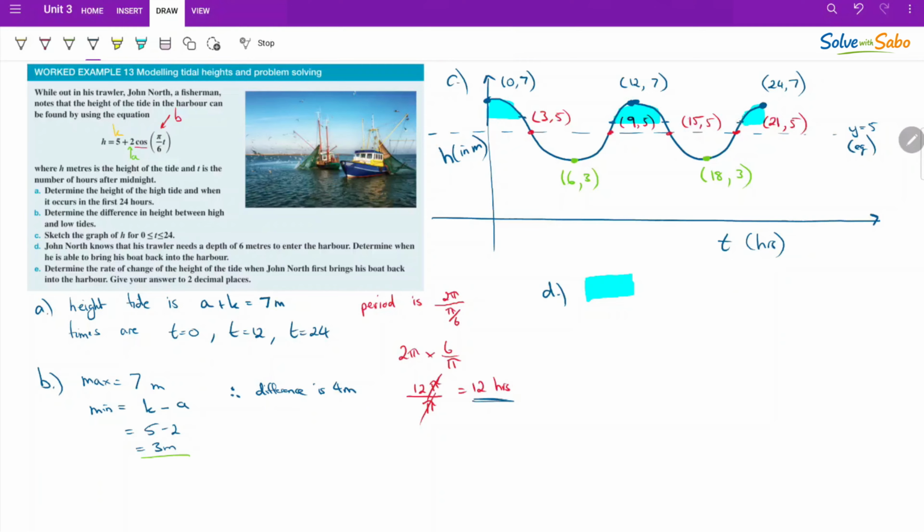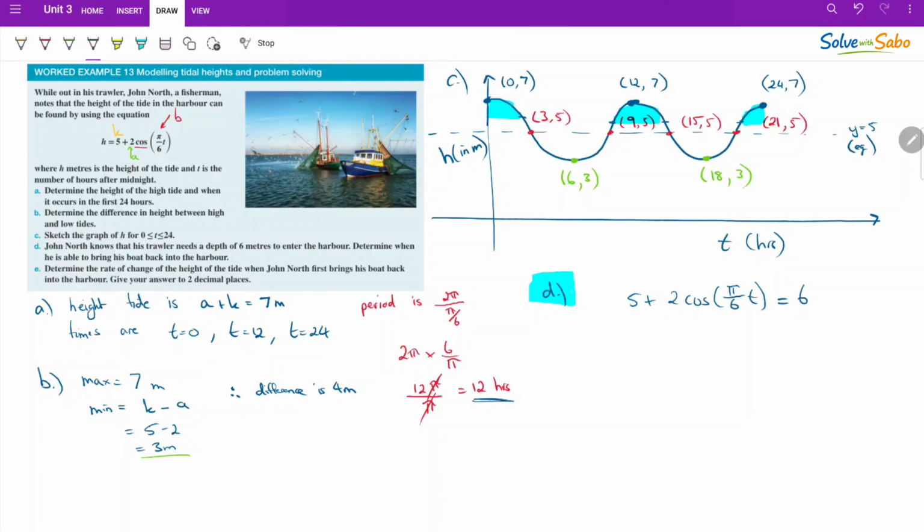Now of course, a question like this is starting to become calculator based. So let's have a think about what this might look like, and can we solve it without a calculator? Okay, so what we're really trying to say is, when is this equation of 5 plus 2 cos pi on 6 t, when is that equal to 6?